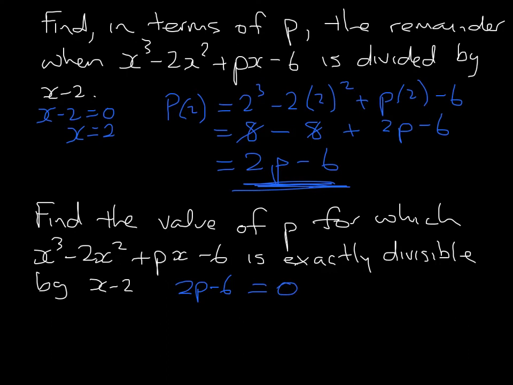So we'll just rearrange this, add 6 to both sides, 2p is equal to 6, which gives us p is equal to 3. And that's the value that we need of p, so that x minus 2 will be exactly divisible into the function. Okay, let's move on.